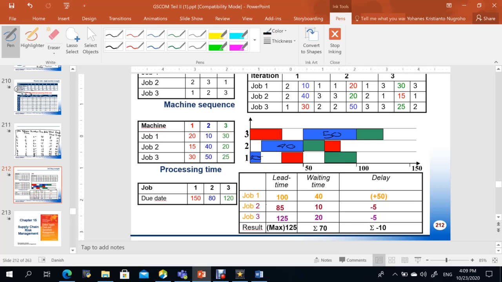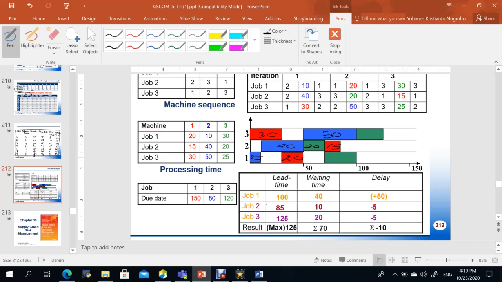Right? And then for machine number 1, first we have 30 here, and then we have 20, and we have 15. Right? And for the green, that is machine number 3, first we have 20, and then here we have 30.